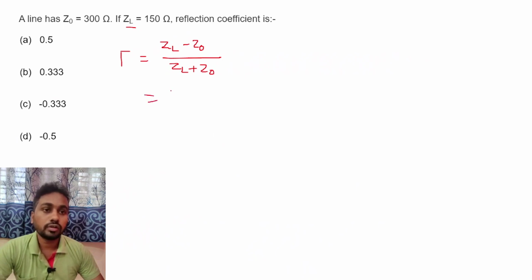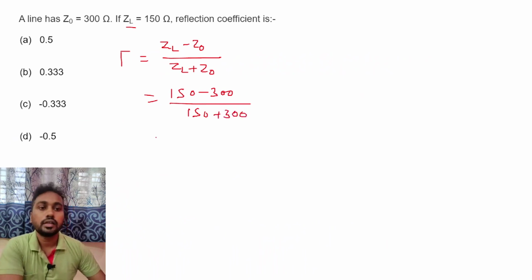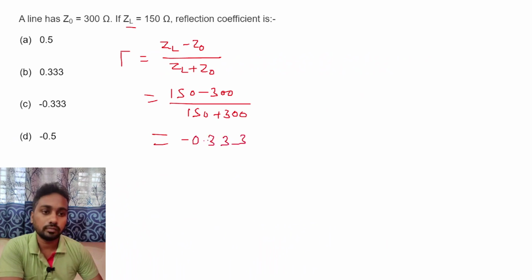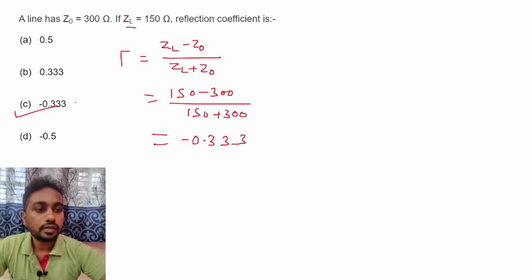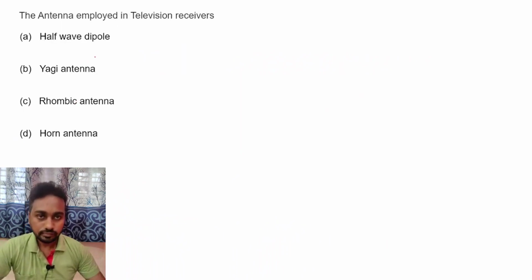We know the values, so just put them in: 150 minus 300 divided by 150 plus 300. If you calculate this, you will get minus 0.333. Option C is the right answer. Like this you have to calculate the reflection coefficient.